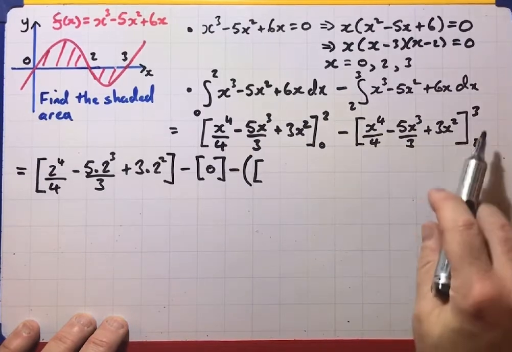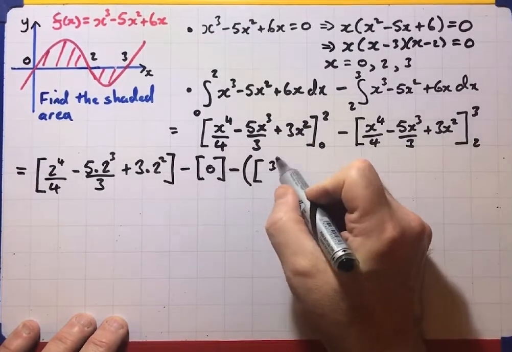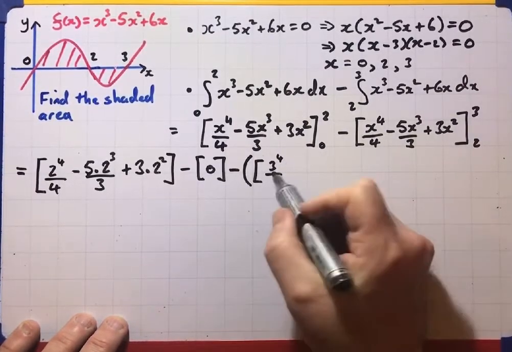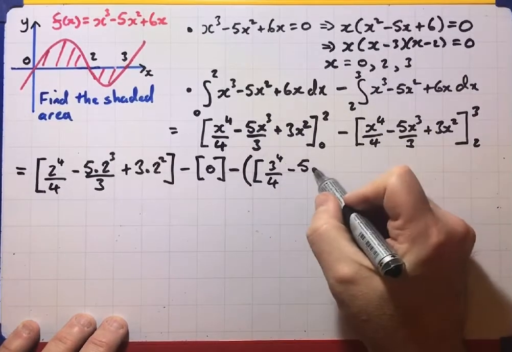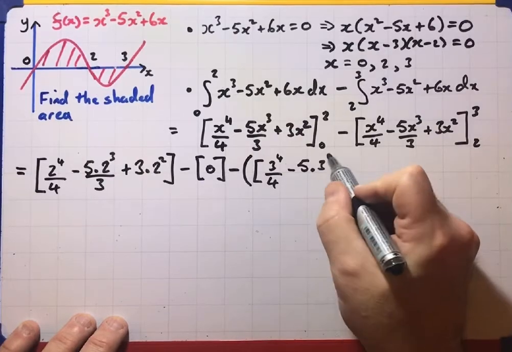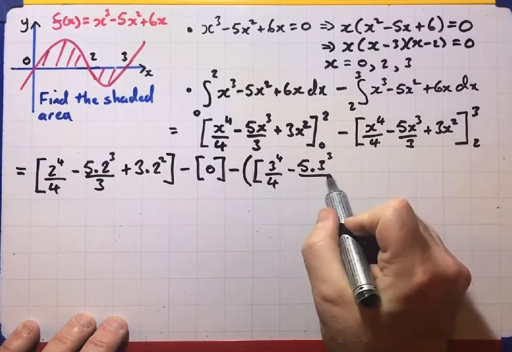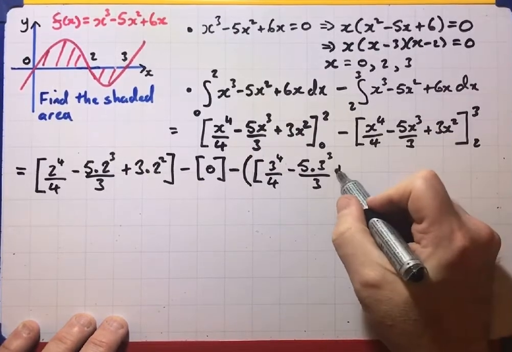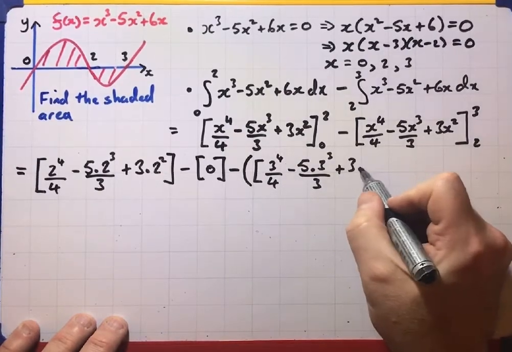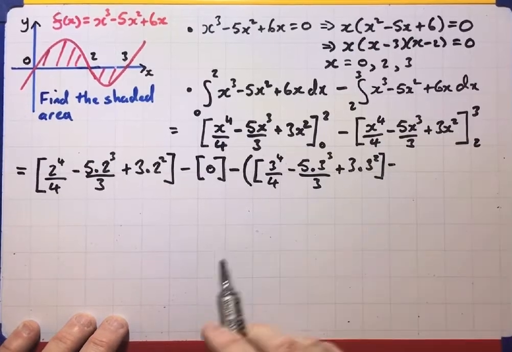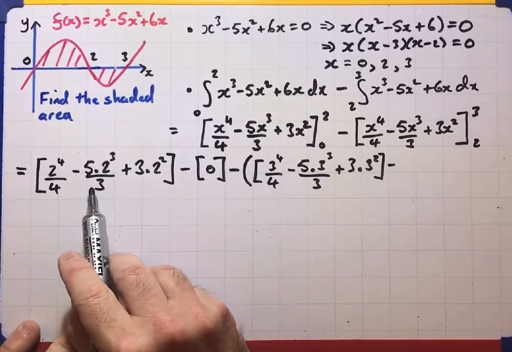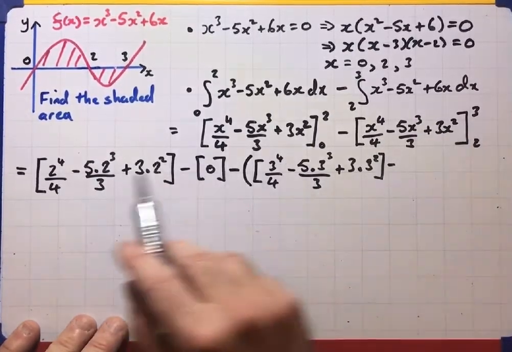Okay, it's going to be 3 in here, so 3 to the power 4 over 4. Take away 5 times 3 to the power 3 over 3 plus 3 times 3 squared. Take away this integral here, because that's the one we're taking away there too, which we already know.